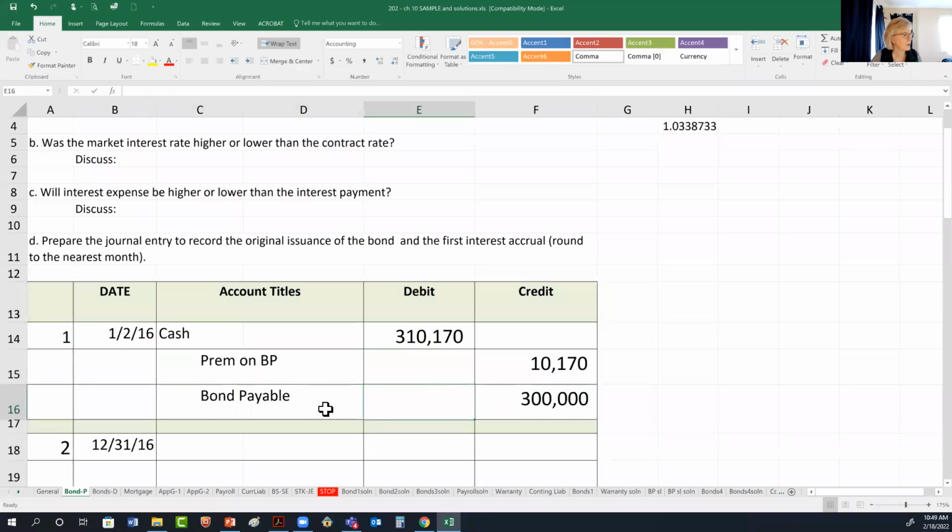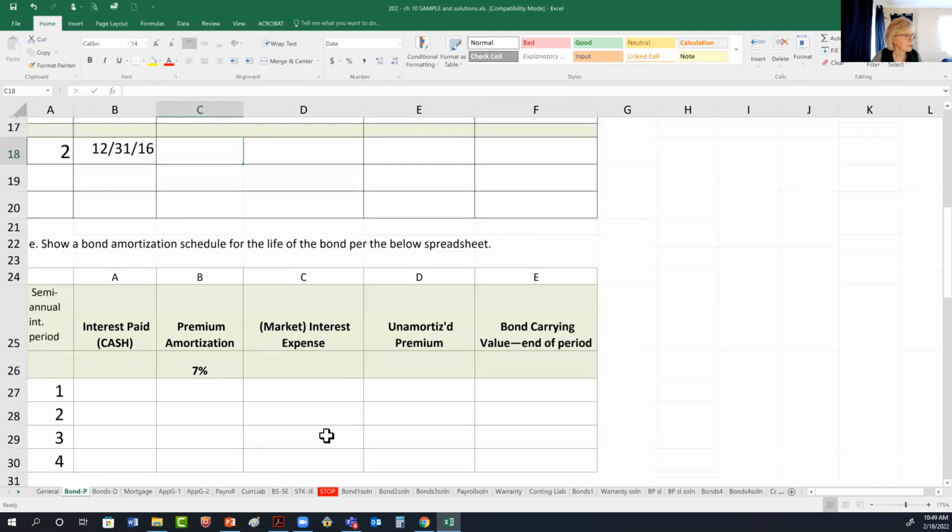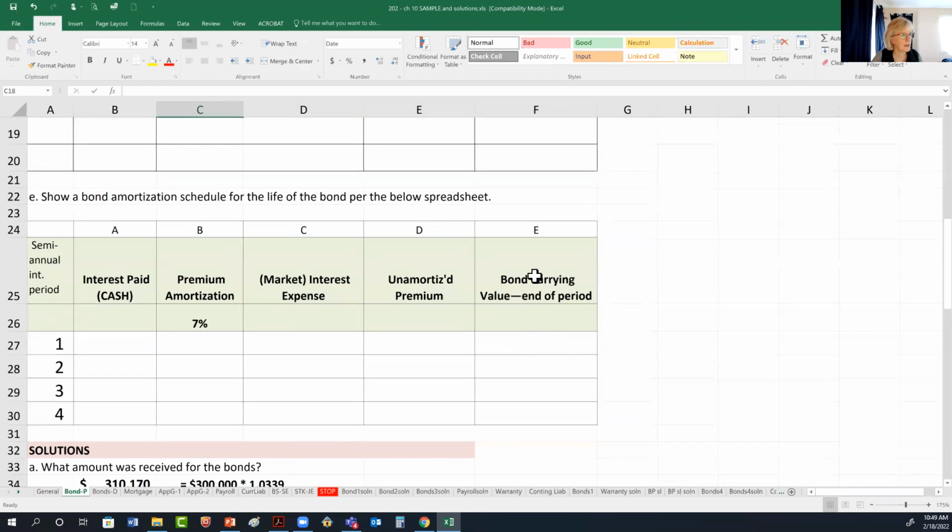Okay, so now it's saying accrue the first interest accrual, and you have to fill out the amortization table before you can do this. So what I like to do is say bond carrying value. I like to put the bond face value up here for reference. You can do the same, you don't have to. Bond carrying value is going to be whatever cash we got for the bond.